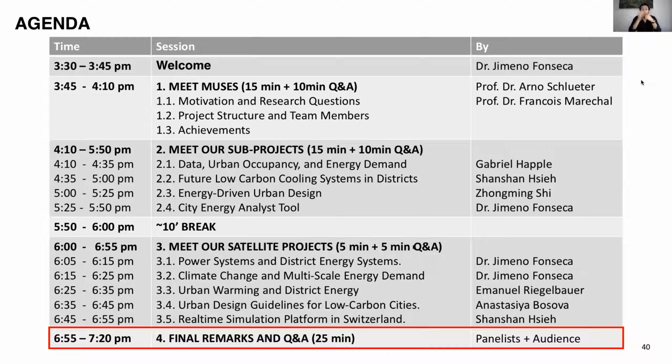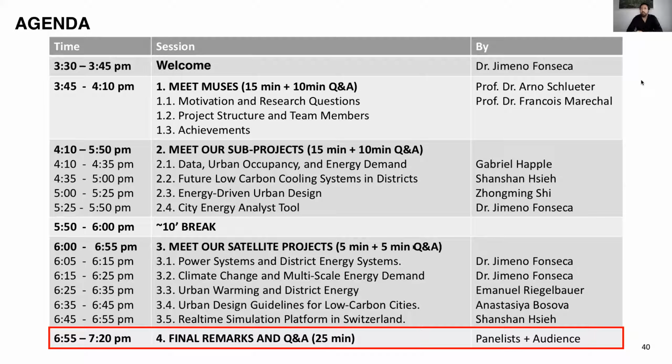Then also, Emmanuel introduced us to the new potential studies on the effects of urban warming at the district scale, which aim to understand how this big challenge that cities such as Singapore face, urban warming, could be mitigated by studying strategies in the building and district energy systems domain on how to mitigate the amount of heat that is released by buildings and their infrastructure.